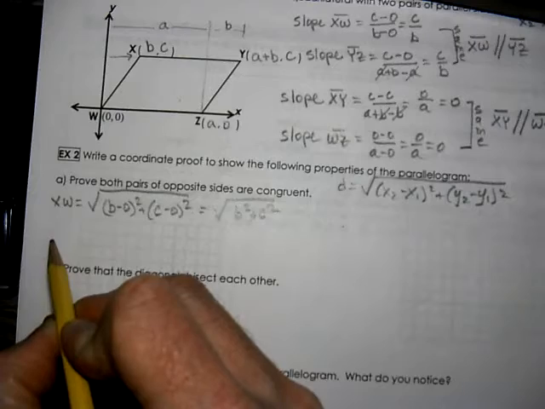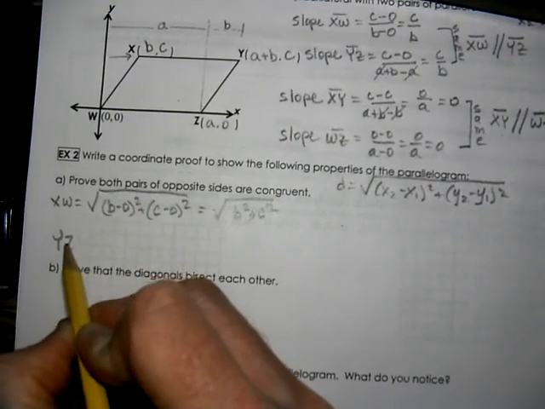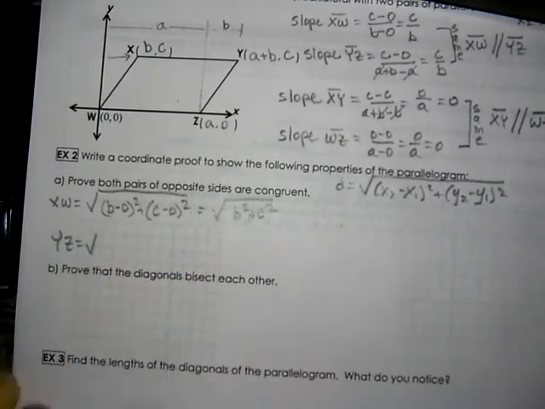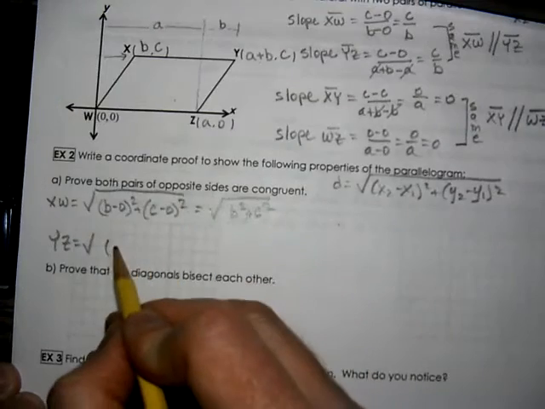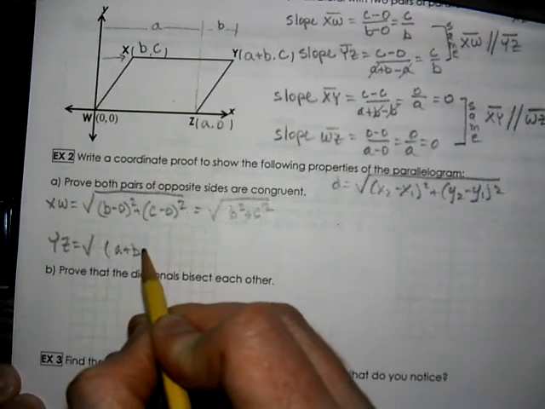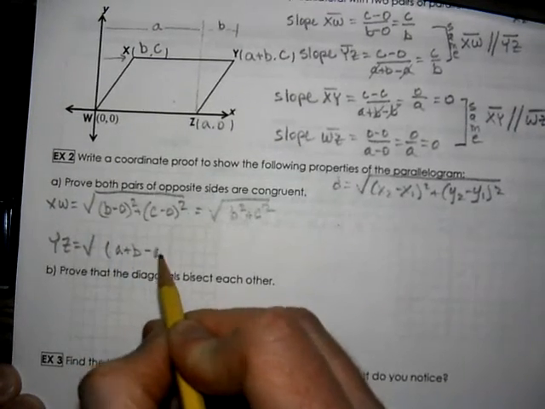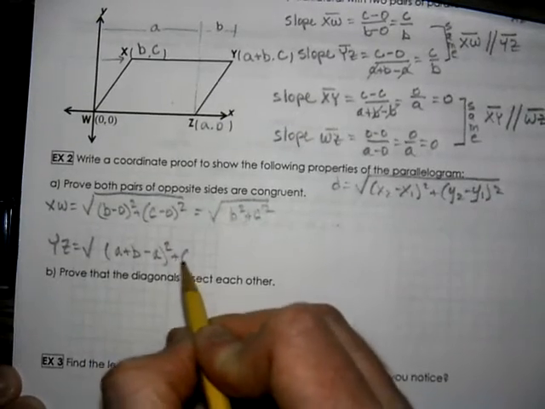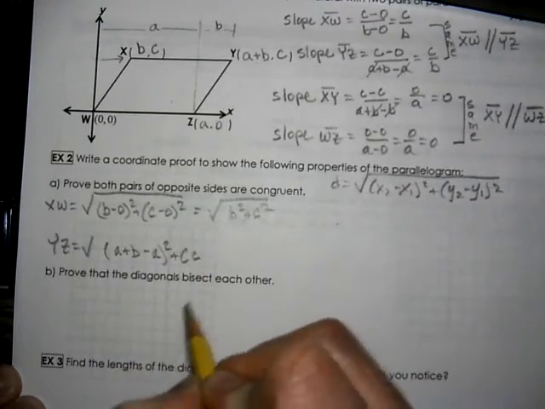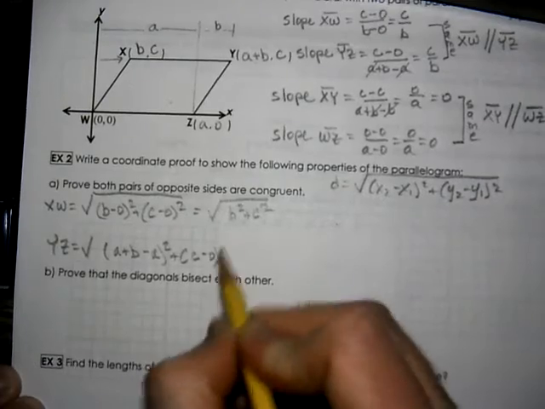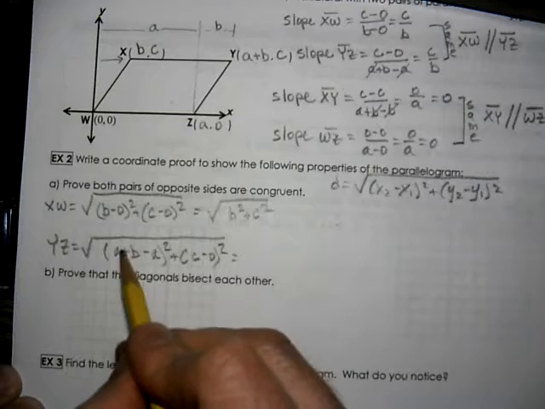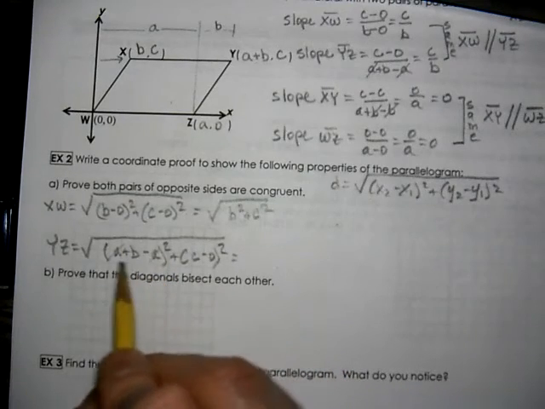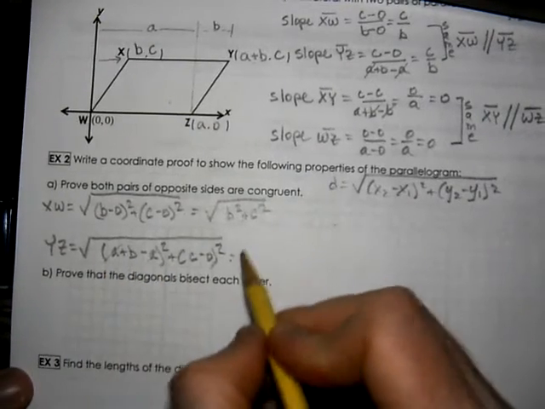So now we're going to calculate the distance of side YZ, which is the same idea. You take your x's, so x2 minus x1 plus y2 minus y1, and here the a's would cross out because you have a positive a and a negative a.